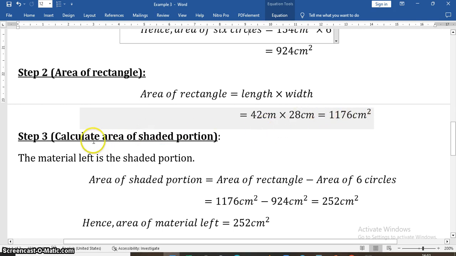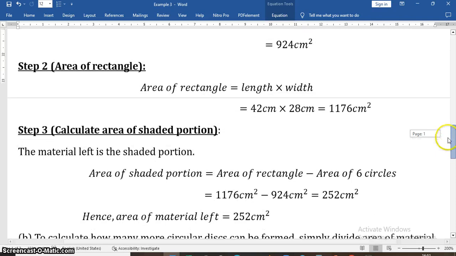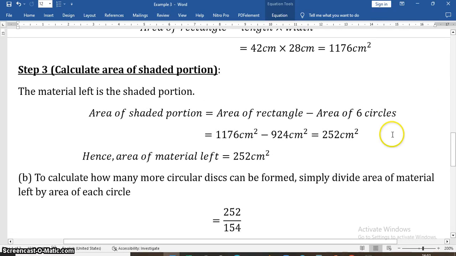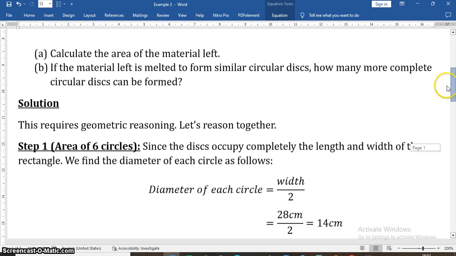Finally, you calculate the area of the shaded portion. We know that the material left is the same as the shaded portion in this diagram. Okay, so area of shaded portion is area of rectangle minus area of 6 circles. Why did we use 6 circles? Because there are 6 circles here. You see that?